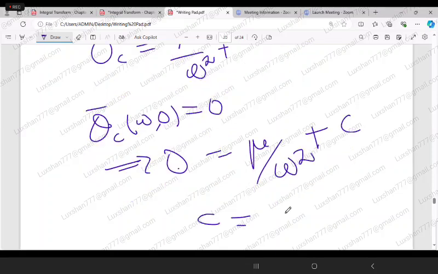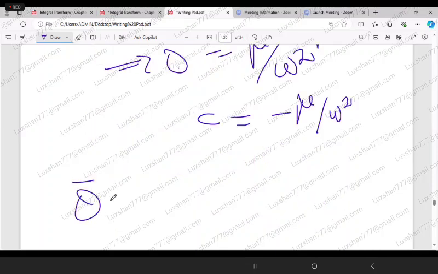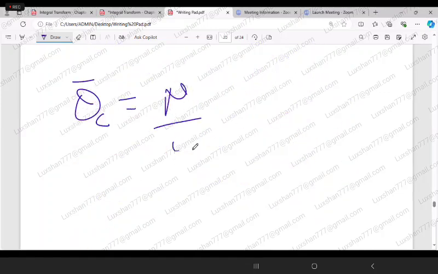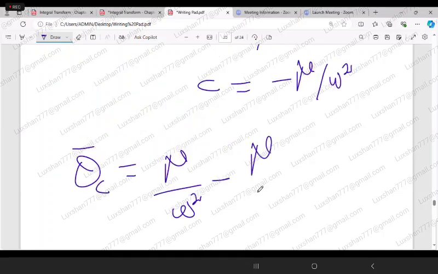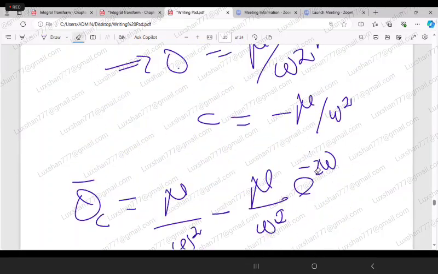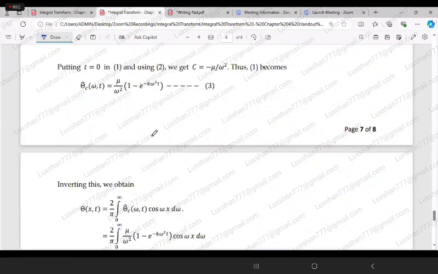Therefore, c becomes minus μ over ω². So θ̄c is equal to μ over ω² minus μ over ω² into e to the power minus kω²t. So I'm taking μ over ω² out.